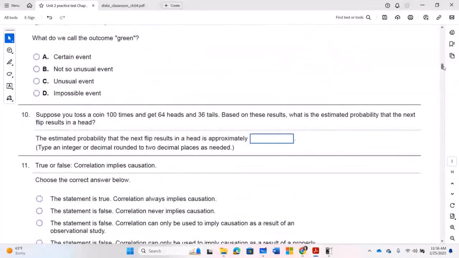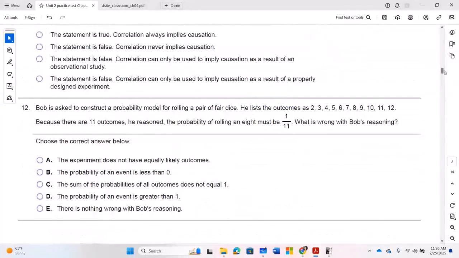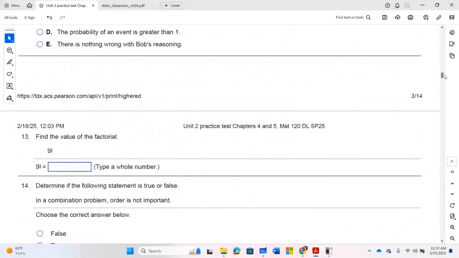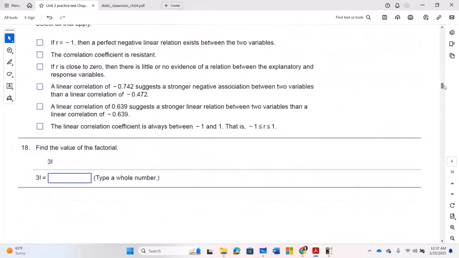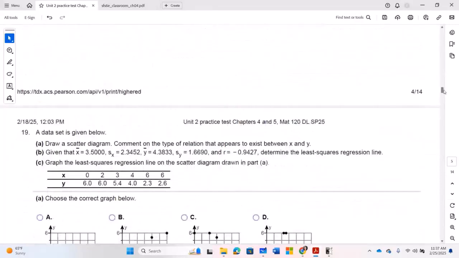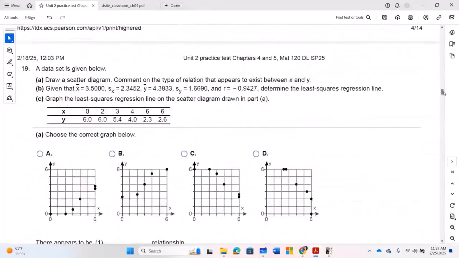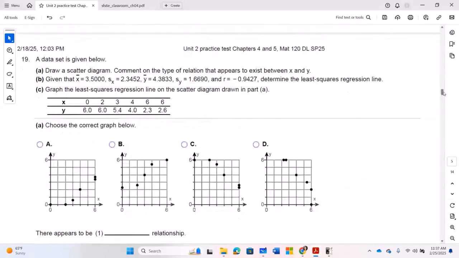All right, so the next thing we want to do is go to linear regression. So let's go to linear regression, and let's start with number 19. Question number 19, and make sure that we attempt this question very well.